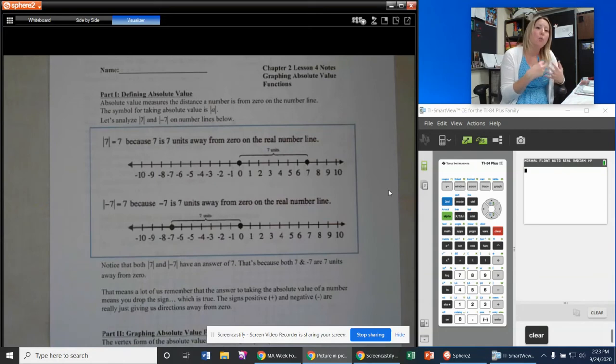Okay, so we're just going to go back through. Remember, absolute value is just talking about a distance, and distance isn't positive or negative. You don't say, oh, I drove 30 miles west. Let me take the west out. I drove 30 miles and I drove negative. That didn't make any sense. You're not driving negative 30 miles, you're driving 30 miles.